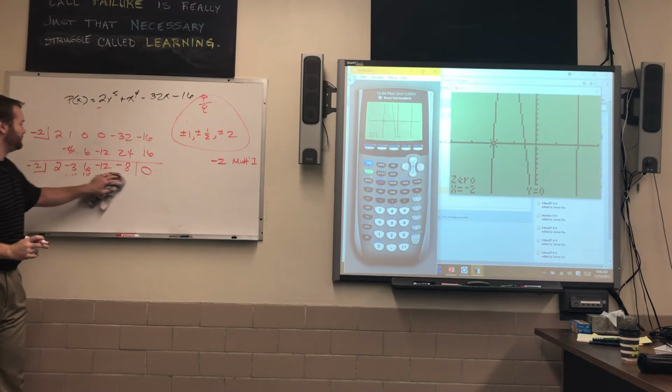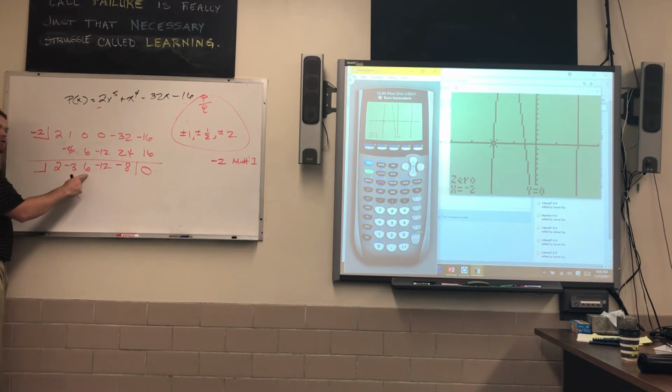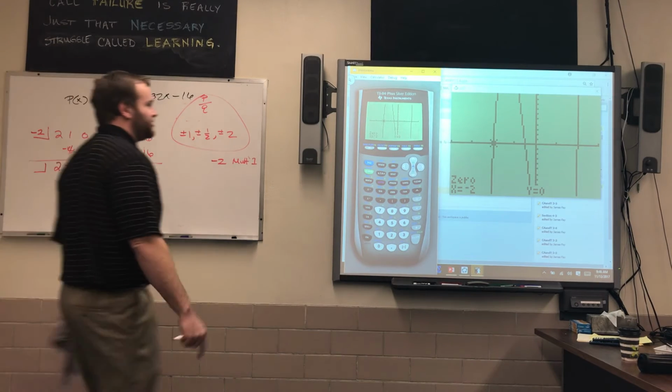The next thing we have to do, okay, is to go back to this line. You always go back to your last quotient line. Once you find a 0, never go back to the original polynomial. Does that make sense? Okay, because you're losing some work when you do that. Now I'm going to use my calculator and we'll find another 0.